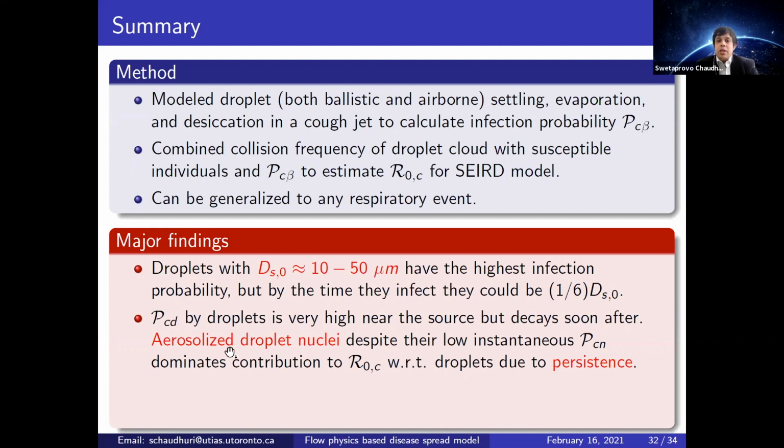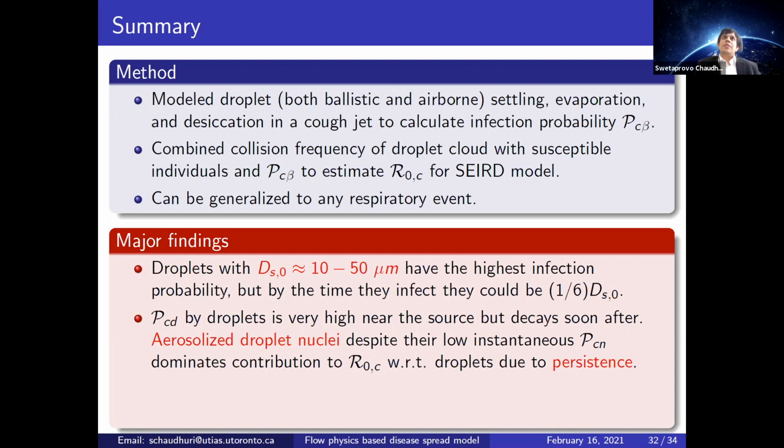Now, the aerosolized droplet nuclei, despite their low instantaneous probability of infection, dominate in contributing to the R0C. And that is because of the large lifetime of the virus and the fact that the virus can remain potent inside the droplet nuclei, and that the number of people that the cloud can infect is much larger.